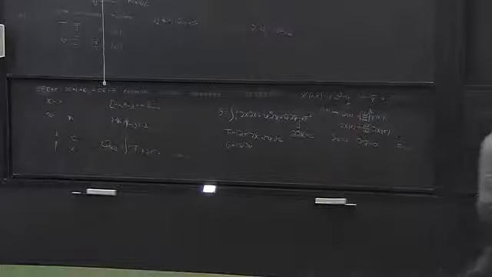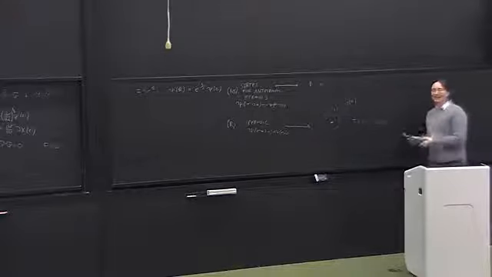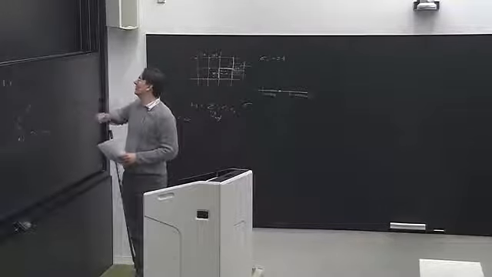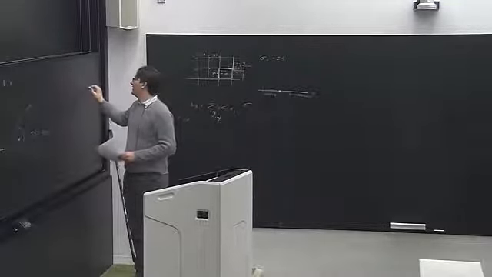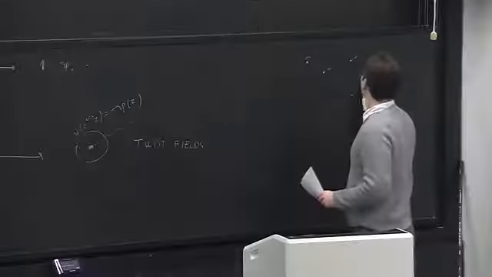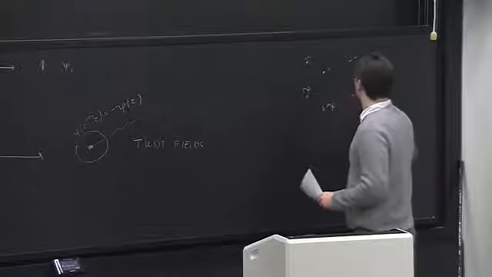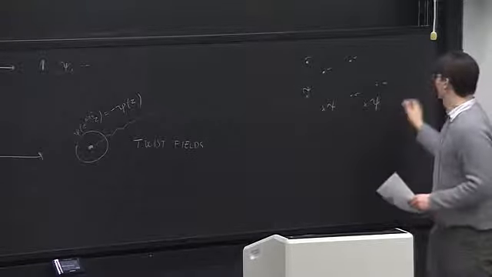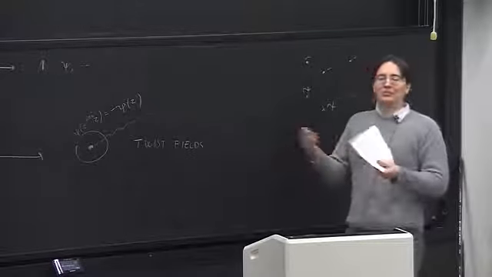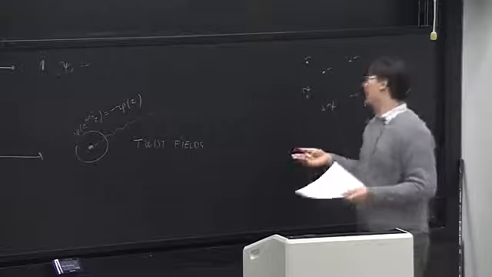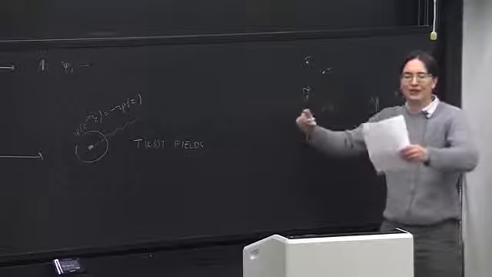Now, doing calculations in the presence of twist fields can be interesting. So if I have a bunch of twist fields and a bunch of fermions, because the free fermion theory is still a free theory, still covered by a Gaussian path integral, I can still use the Wick theorem and replace the fermions with 2-point functions.